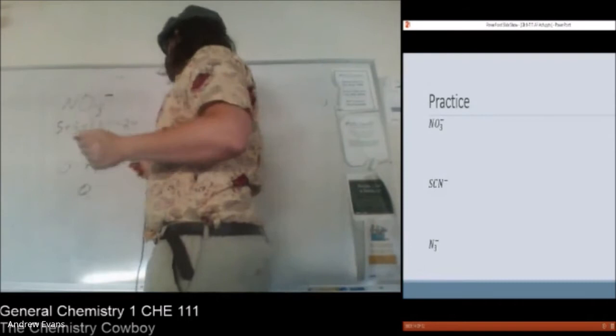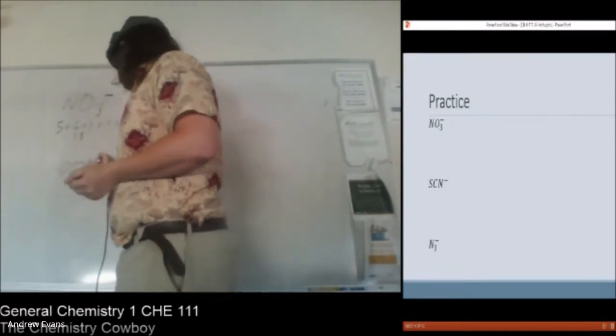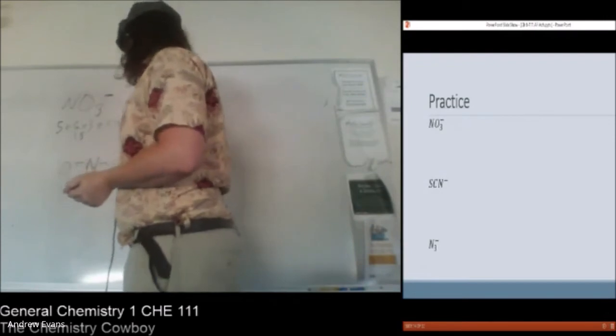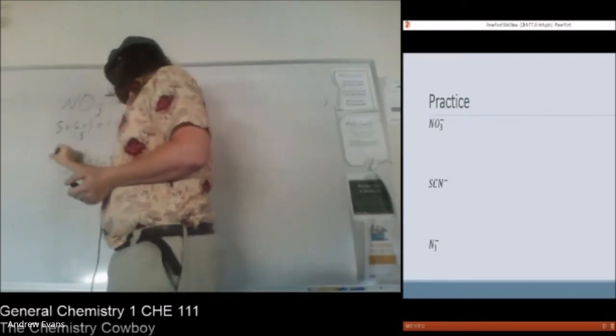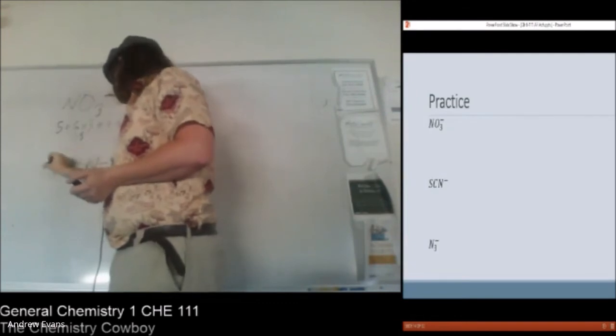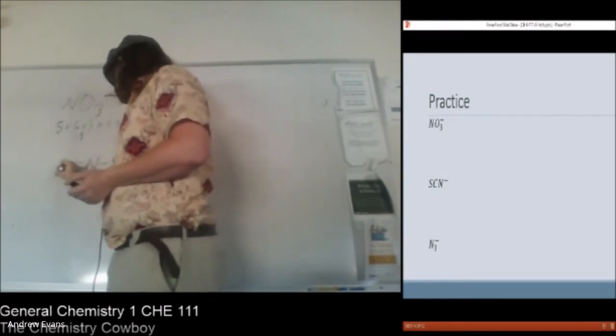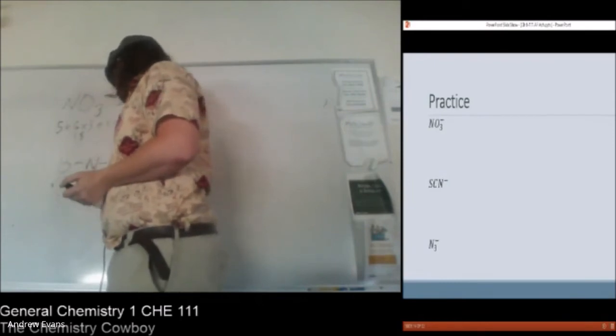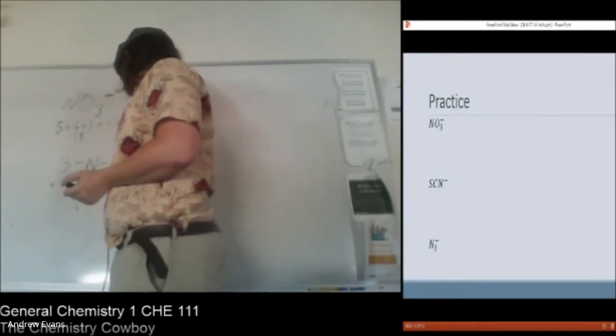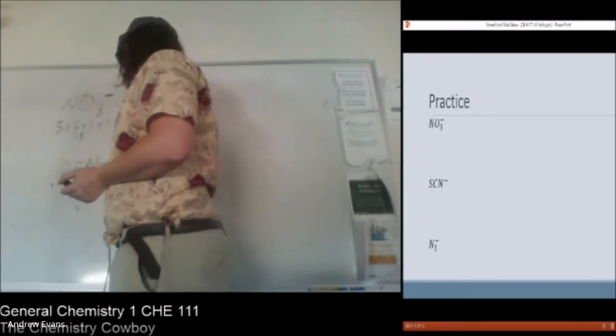Step 3, bonds. 3, 2, 4, 6. We're down to 18. Now we're going to put 1, 2, 3, 4, 5, 6. That has an octet. 1, 2, 3, 4, 5, 6. That has an octet. 2, 3, 4, 5, 6.